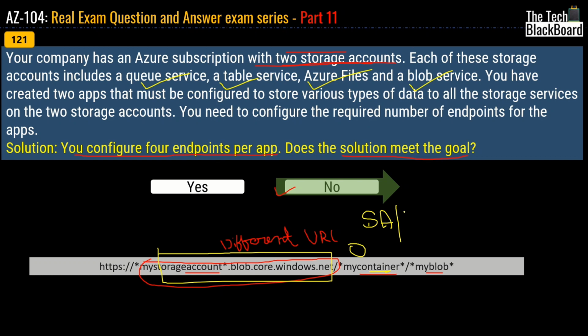Let's say we have a blob service here, and once we have this blob service, only then will we have the actual blob name. So that's the reason I'm saying that 4 endpoints will not suffice, because now we have two storage accounts, and inside one storage account we have 4 other services. So, as I understand, we would need at least 8 endpoints to fulfill this business case.